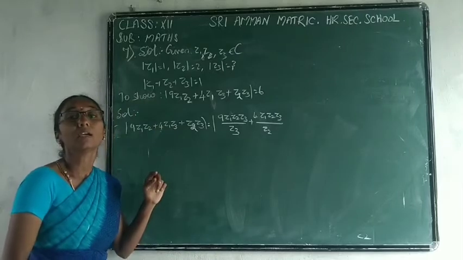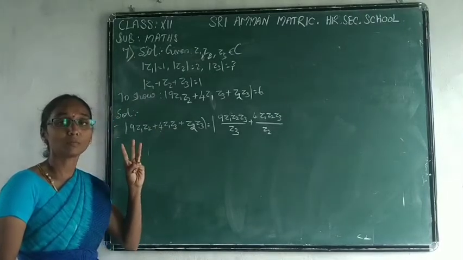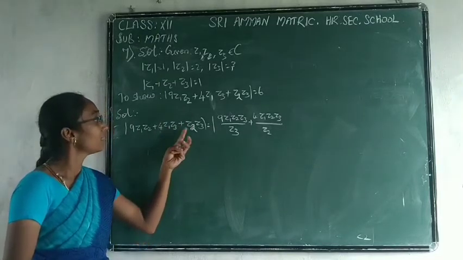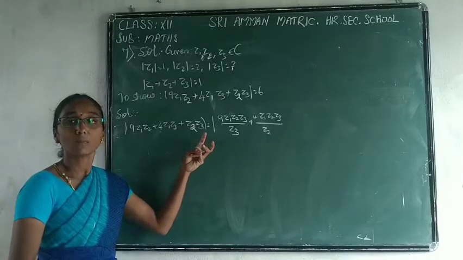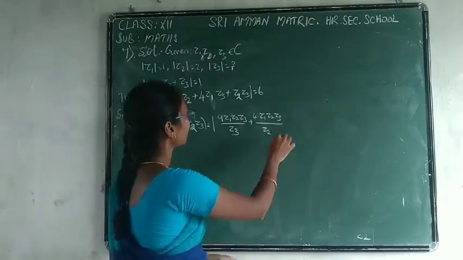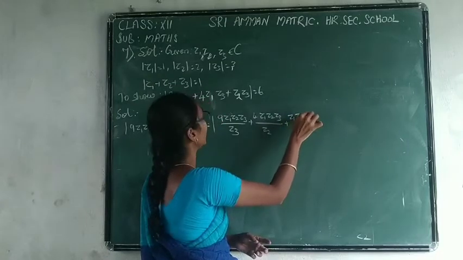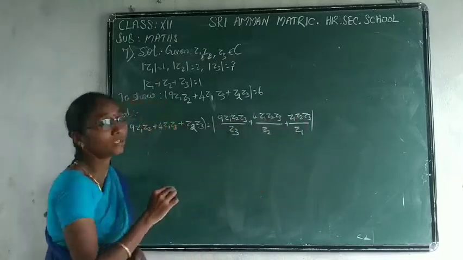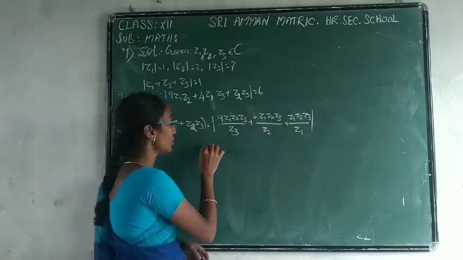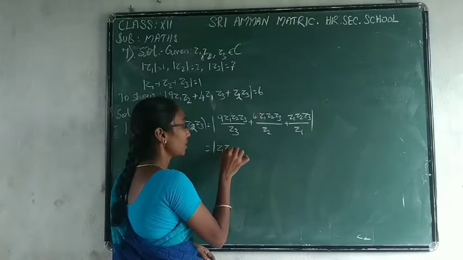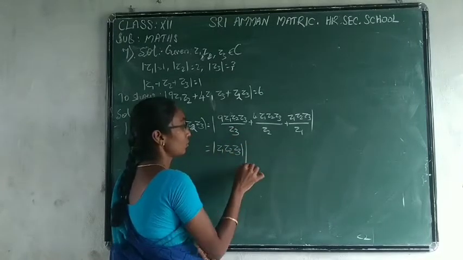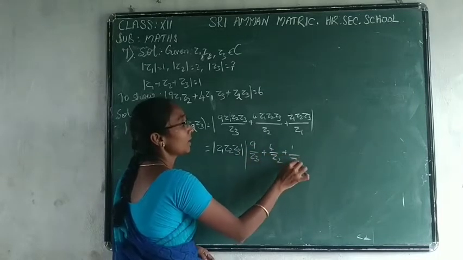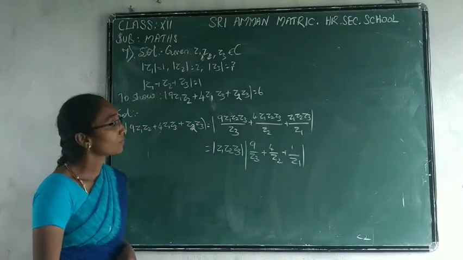Multiply and divide by the complex number that is missing from the term. So z1 z2 z3 divided by z1. So in the numerator, what is common? z1 z2 z3. The product of z1 z2 z3 is taken out. So modulus of z1 z2 z3 times the modulus of 9 by z3 plus 4 by z2 plus 1 by z1. Okay, do you understand?